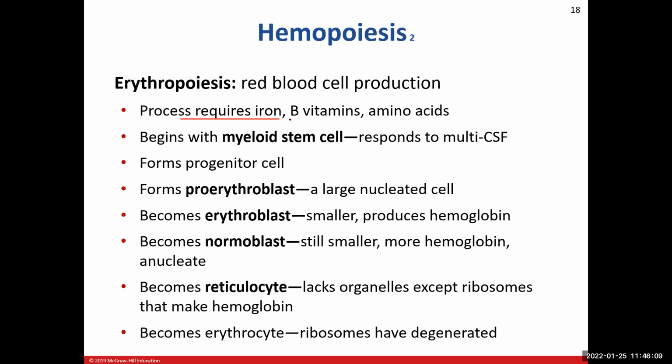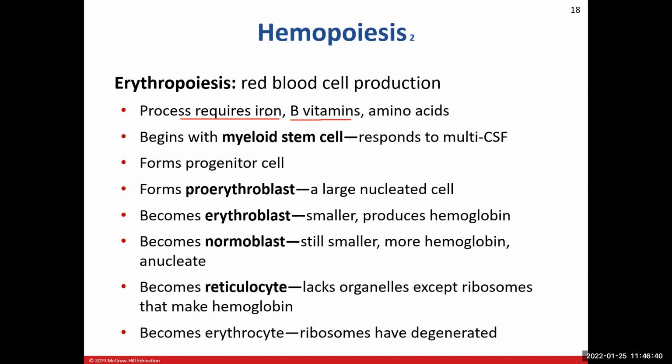We're also going to need some B vitamins; vitamin B12 is largely important. And then, of course, why not add some amino acids in there? Because yes, we need to make proteins, so we need the building blocks. So erythropoiesis requires some iron, a couple different types of vitamin B, namely vitamin B12, and then amino acids.